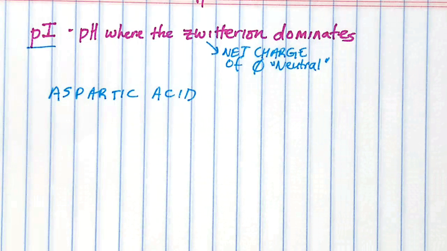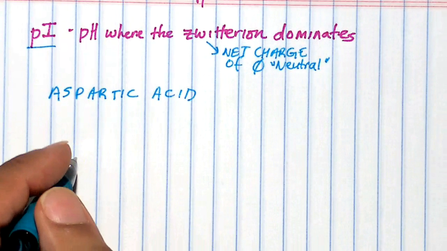And in the first days of the class, I've told you to make flashcards of all 20 amino acids, as well as the pKa's of any side chain ionizable protons, the alpha amino proton, and the alpha carboxylic acid proton.